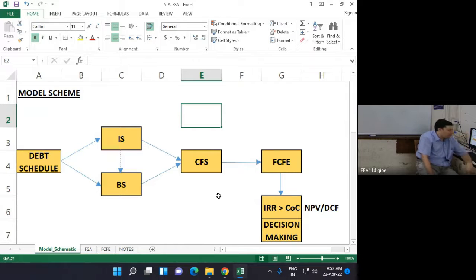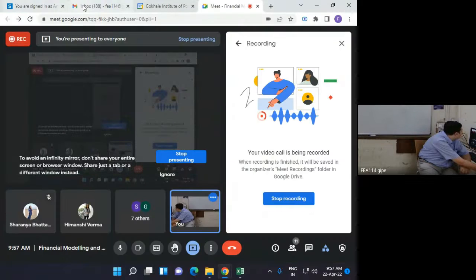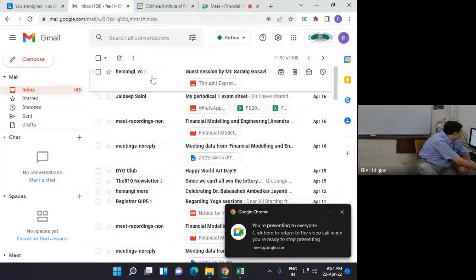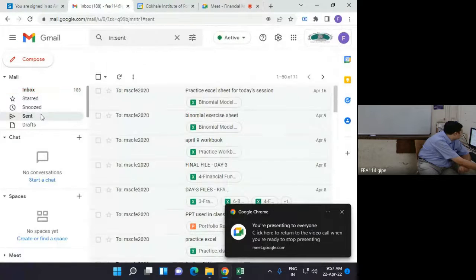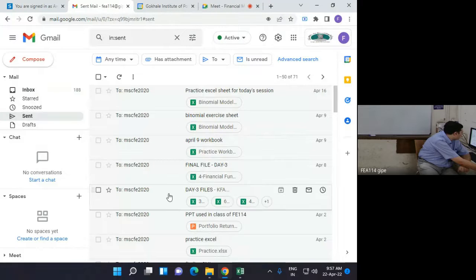Everybody, do you have file number 5 and 6 with you? I had shared 5 and 6 last time. If not, I can share it again.